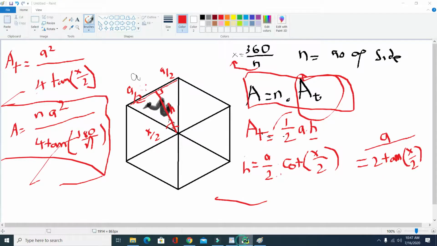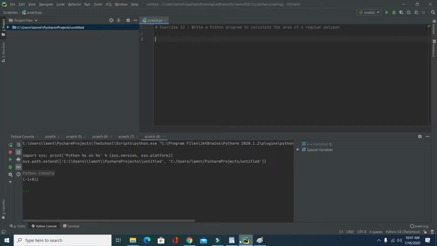So let's do it. From math import tan, right? Oh, right, we're using tan.